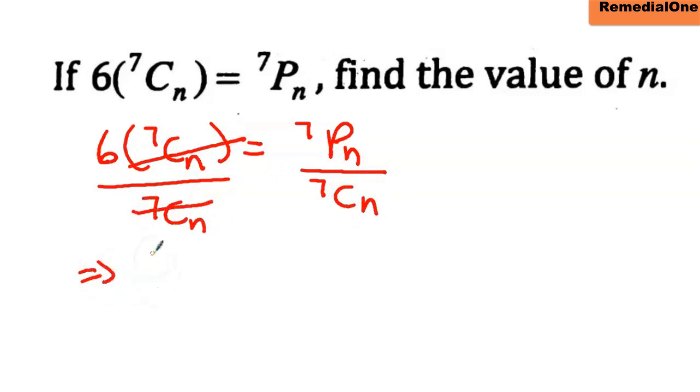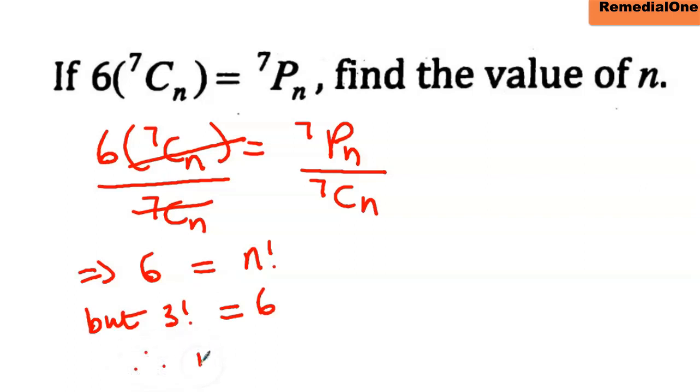So you have 6 is equal to, from the relationship that we established, this is n factorial, when the permutation is dividing the combination. Once again, 3 factorial is equal to 6. So therefore, n is equal to 3.